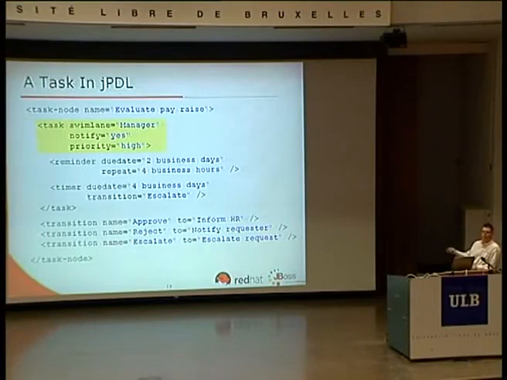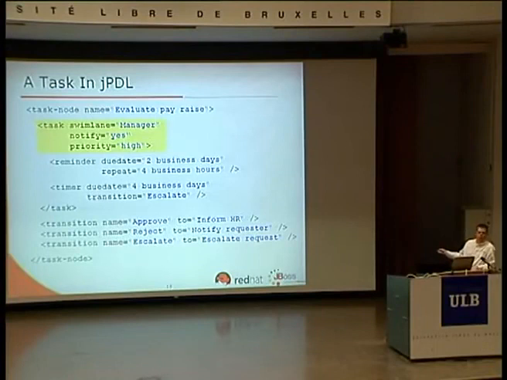This task is assigned to the swim lane manager, and that means that manager is a kind of process role. For this process, there will be a manager involved. And there might be multiple tasks for this manager person. So after the first time, when you selected one manager for this particular process, that will be remembered. And if later on there is another task for the manager, he automatically gets it in his inbox. He or she.